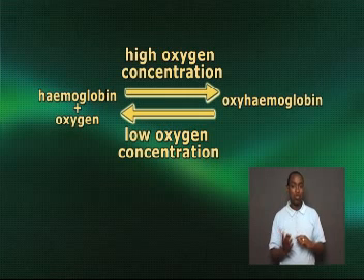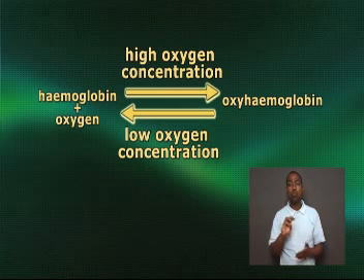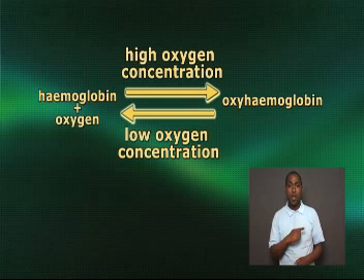The oxyhemoglobin splits, forming purple-red hemoglobin and oxygen molecules. The oxygen molecules pass into the cells that require them by diffusion. Hemoglobin's reverse reaction is the process that maintains life by carrying oxygen to the areas where it is needed.